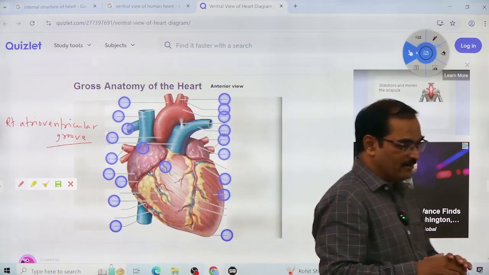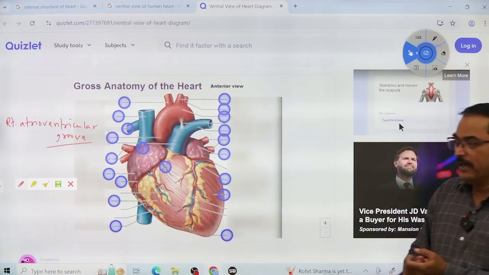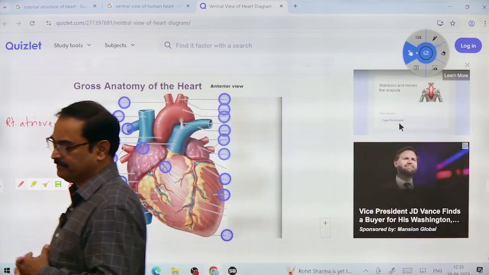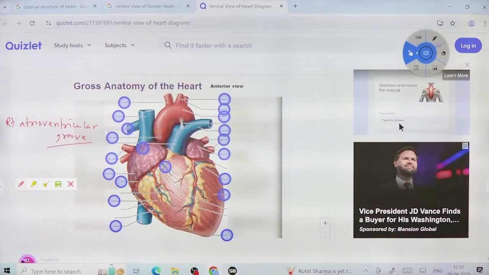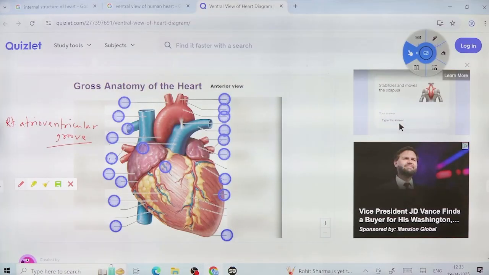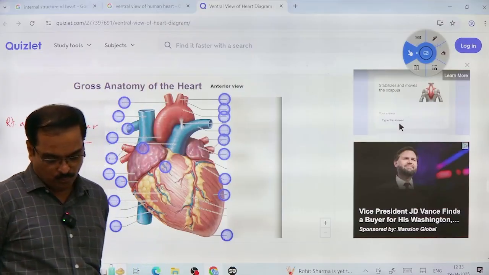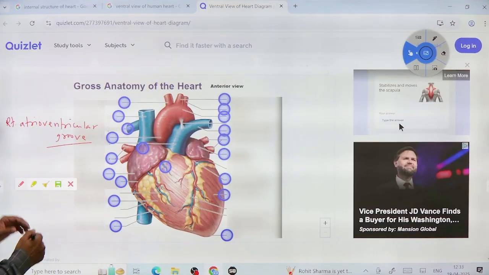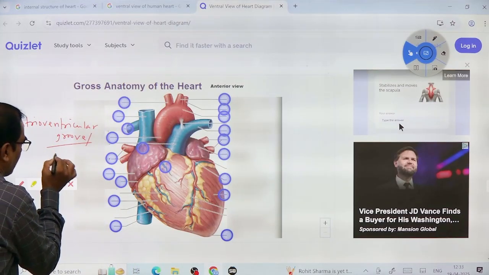And in the external structure, the right atrium and right ventricle are separated by, write this, right atrioventricular groove. This groove is also called sulcus.